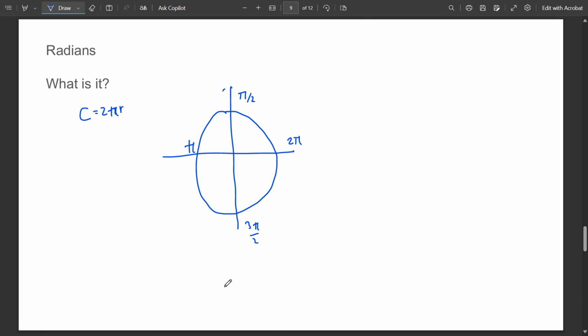Okay. Again, let's say we want to divide into sixths. We have pi over 6, right?